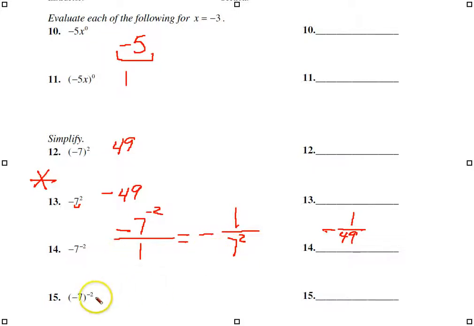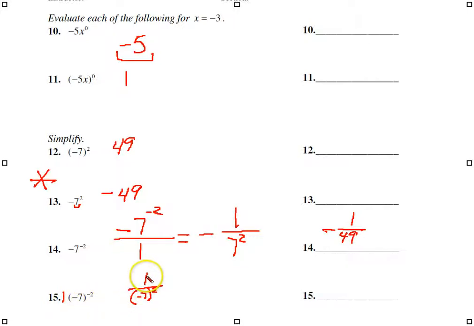Now, this one, since the negative is included as part of the base, this becomes a 1 over -7 squared. Notice what's happening here. The 1 stays in the numerator. In a sense, that's this 1 that might be out there, which we don't write.